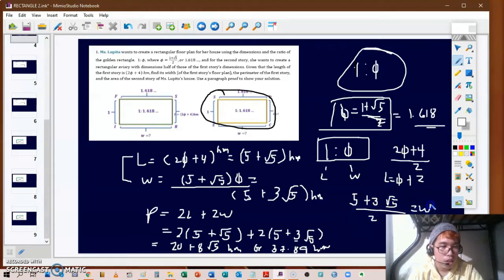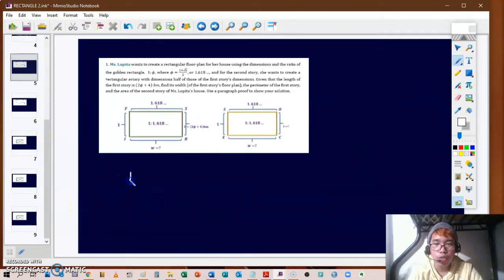And the length, let's use this in terms of 5 plus square root of 5, so the length is going to be 5 plus square root of 5 all over 2. From here we can now solve for the area of the second story.